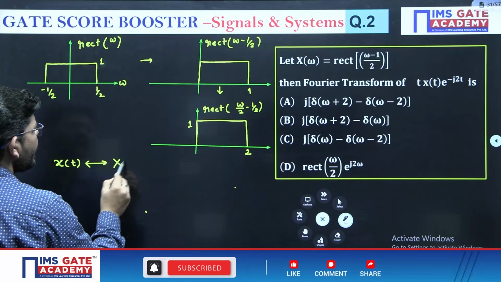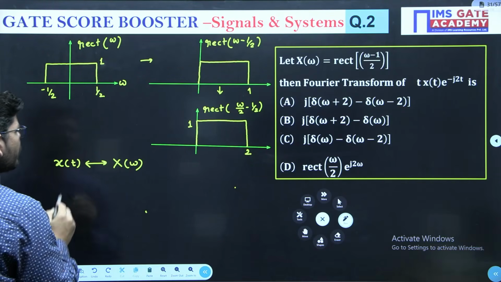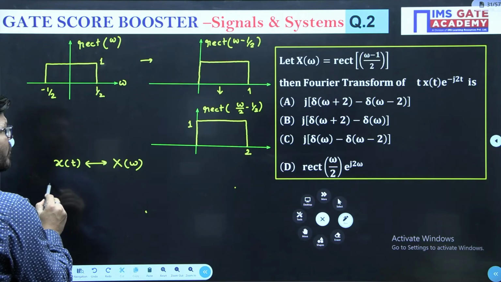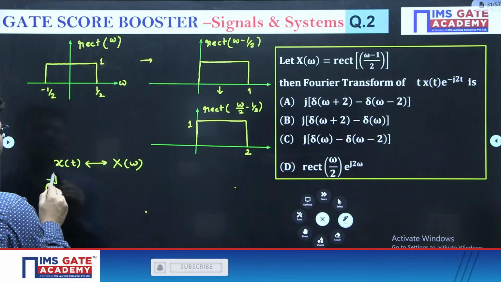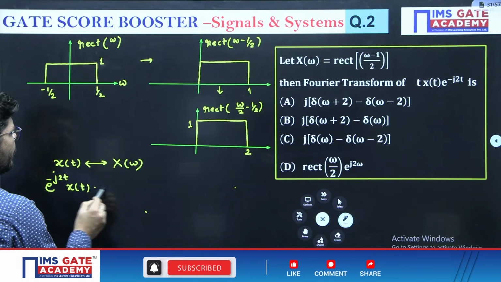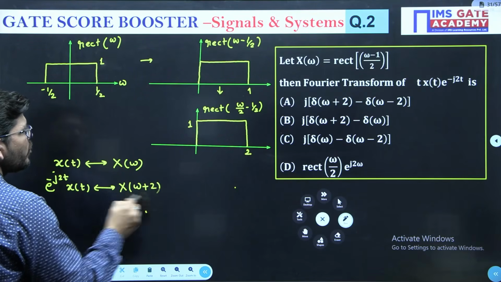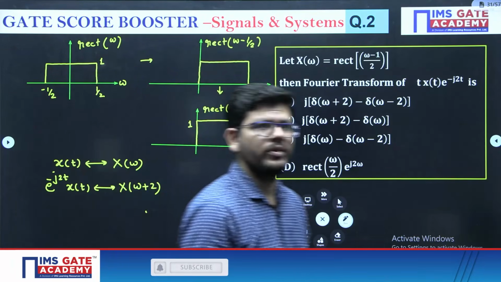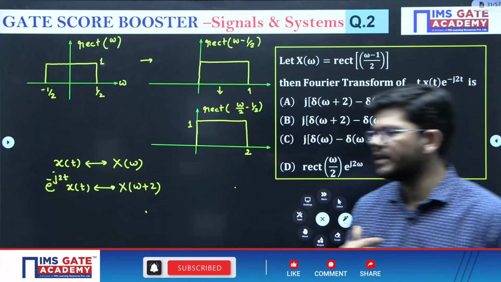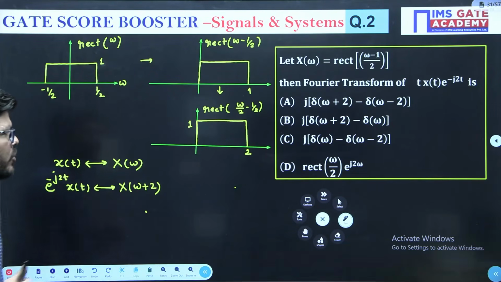So x(t) has Fourier transform X(omega). If I am going to multiply e to the power minus j2t in it, then what will happen? The frequency will be shifted and you will get X(omega plus 2), right? So X(omega) is already there with us. Now what is going to be X(omega plus 2), right?